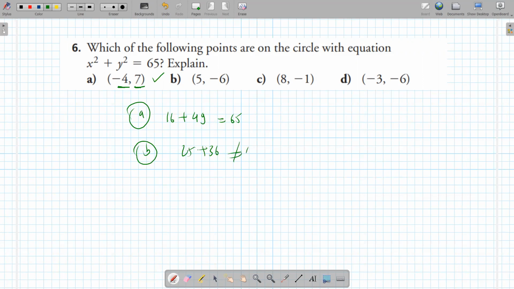That's not 65, so no. Third one, you plug this as x, so it becomes 64. You plug -1 as y, it becomes +1. That is 65, so that is on the circle. Last one, 9 plus 36, it's 45. That is not on the circle. And that's all there is. Just plug and see if the equation holds true.